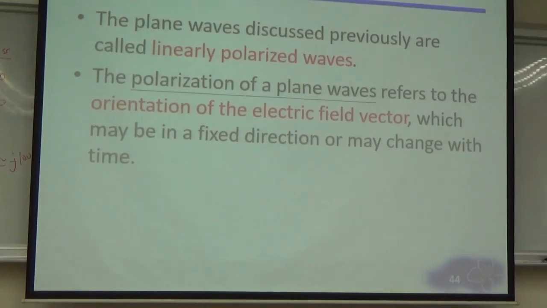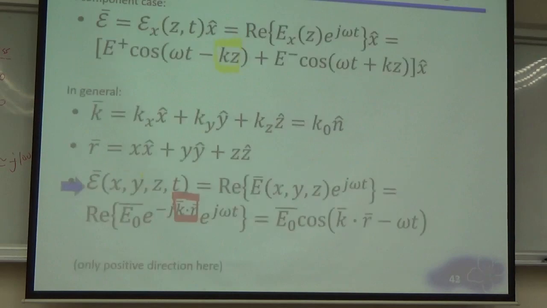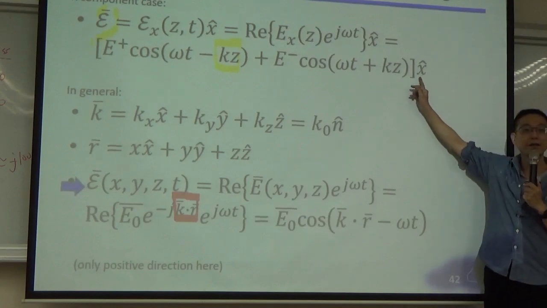So far, maybe you like fixed direction because it's easier. But now, there is something that may change with time. The direction of your E field will change with time. Remember, I told you that for this equation, for this point, the direction of the E field is X, right?